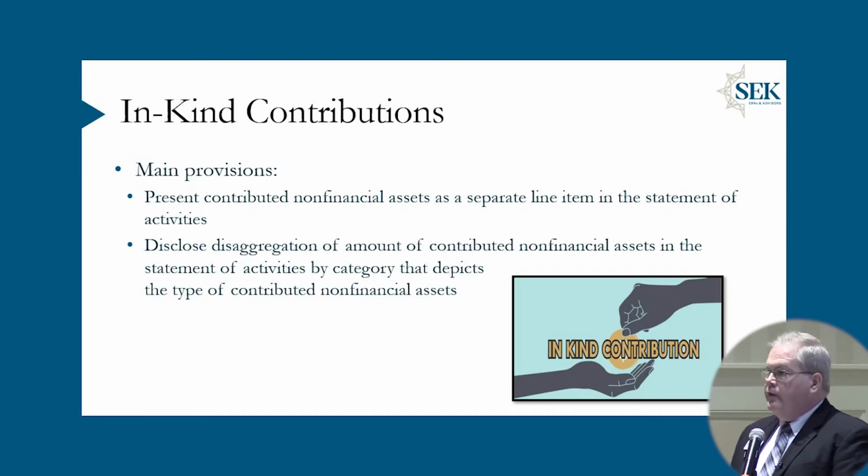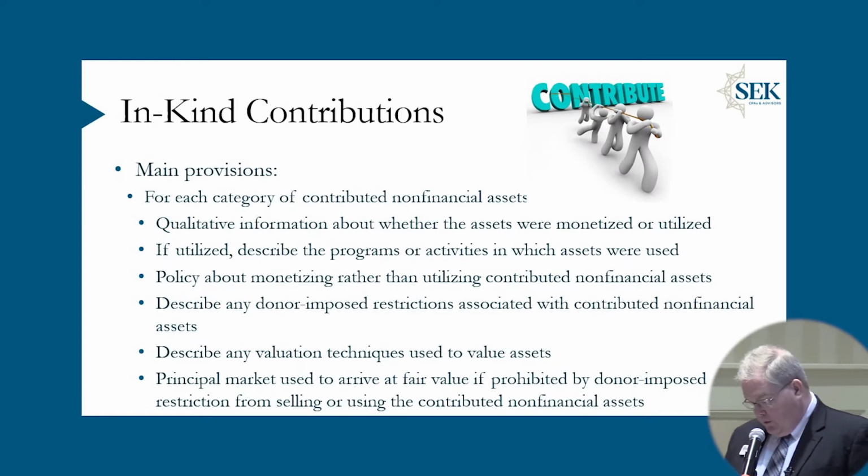Again, we are presenting the non-financial assets as a separate line in the statement of activities, and we are putting more description into the non-financial assets and how we utilized those assets as they were contributed. Some of the requirements are qualitative information about whether the donations were monetized or utilized.